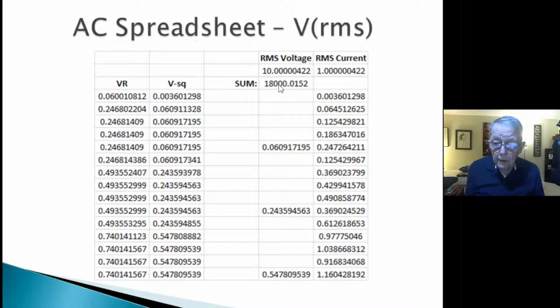This is the way you do it: you take 180 samples, divide by 180, then take the square root of the result. The result ended up being the square root, 10 volts RMS. I was a little bit off here because my value for pi is not precise, so I don't get exactly the right value, but in principle you can see that I got 10 volts RMS for a peak voltage of 14.142.